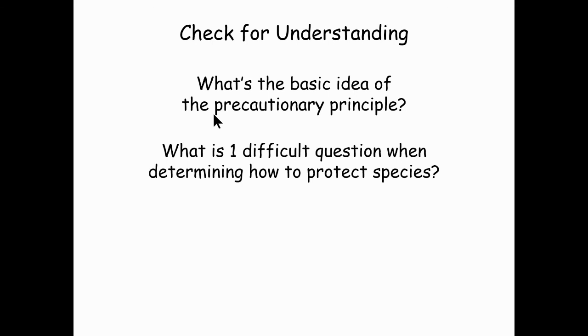What's one difficult question when determining how to protect species? Take a look at number 29. Yeah, do we protect individual species or the entire ecosystem that they live in?